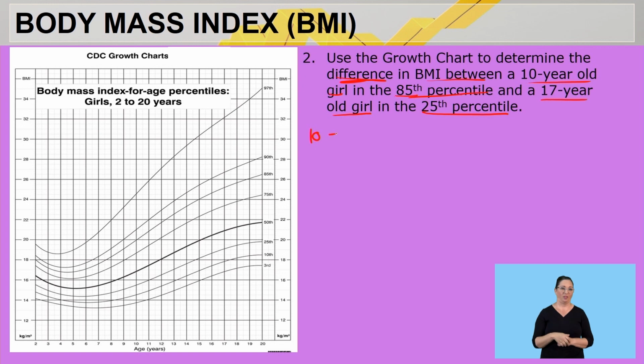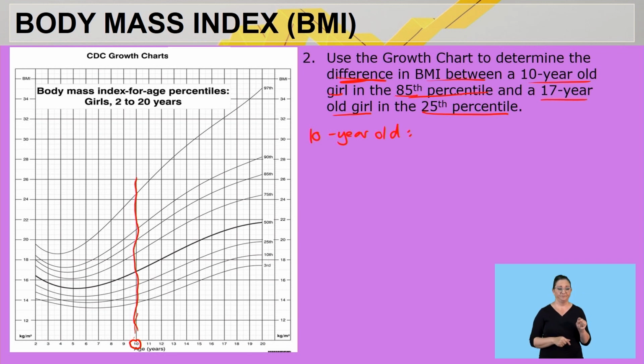Okay, so I'll write it here, 10-year-old. Now I'll do this. Right, so what is important? Let's find 10 years. Here's our 10 years old. And, right, is in the 85th percentile, right? So, remember, I'll have to move with this all the way here. That's basically what I'll need to do, right?